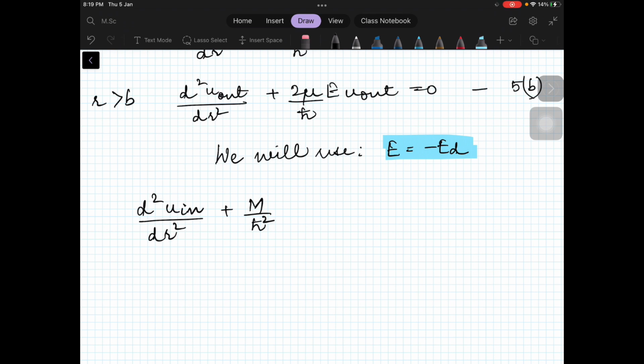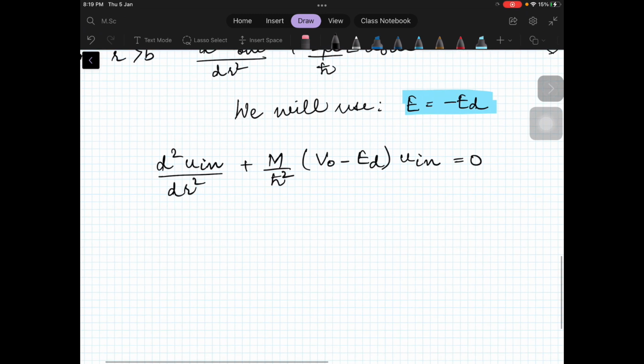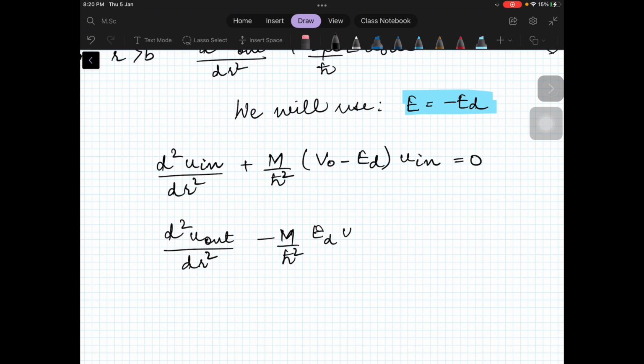We have used the value of reduced mass, that is mu equal to m by 2 here, and our equation becomes as written: d squared u_out over dr squared minus M over h cross squared E_D u_out is equal to 0.